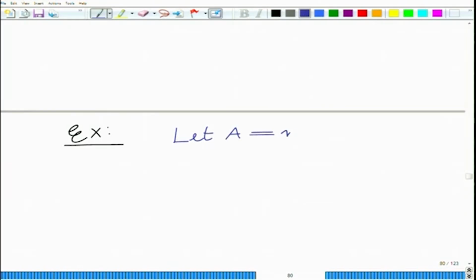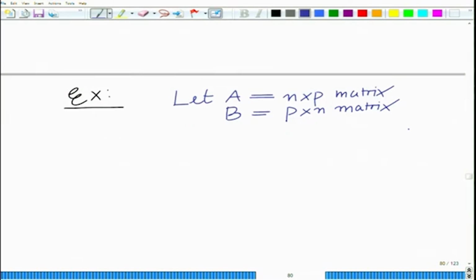Let A be an n cross p matrix, and B equals a p cross n matrix.